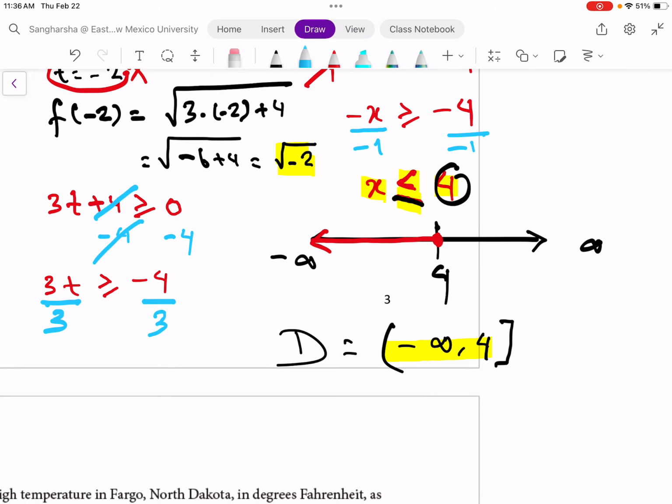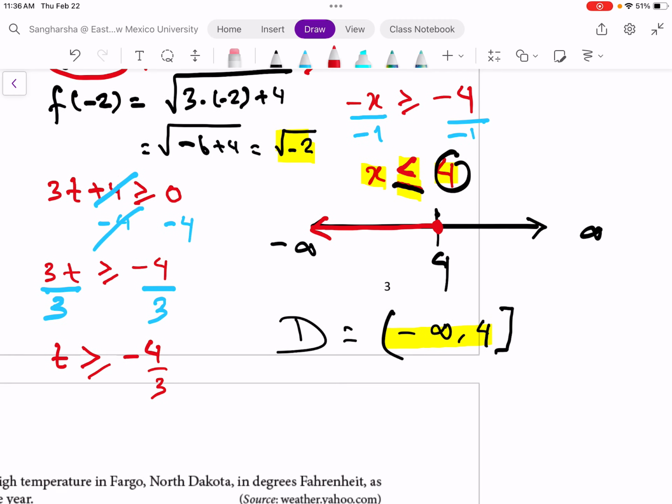So we have 3t divided by 3, that is t greater than or equal to negative 4 over 3. So your t has to be greater than or equal to negative 4 over 3. If you have a number equal to negative 4 over 3 or greater than negative 4 over 3, then we get a real solution. So it is a domain.